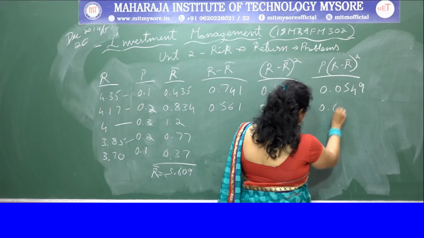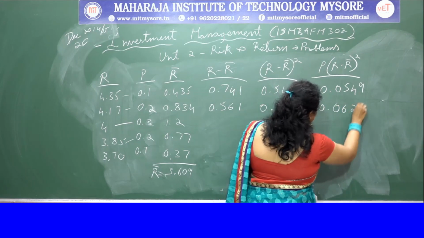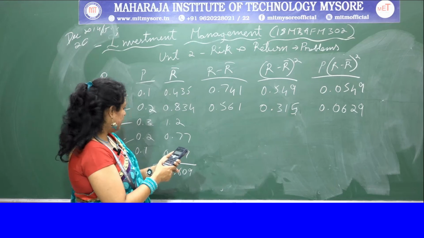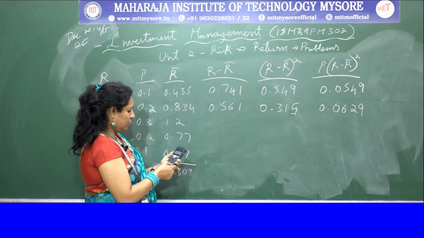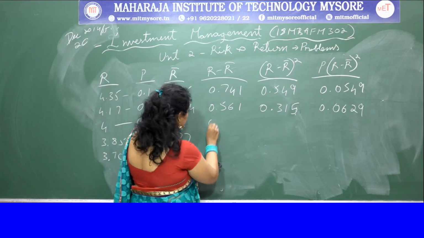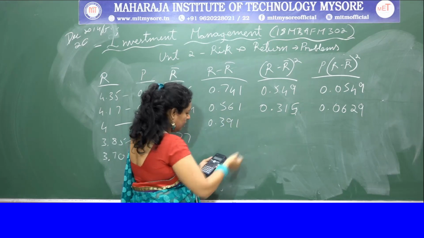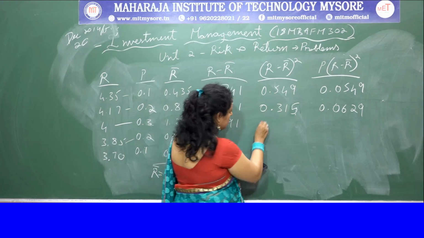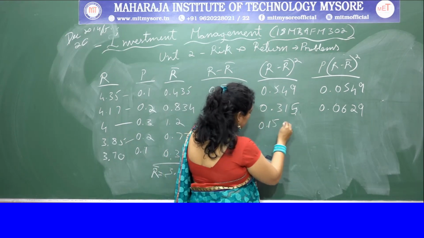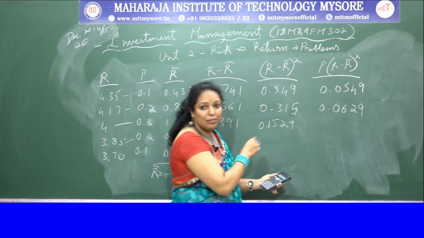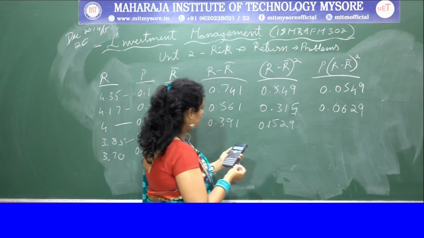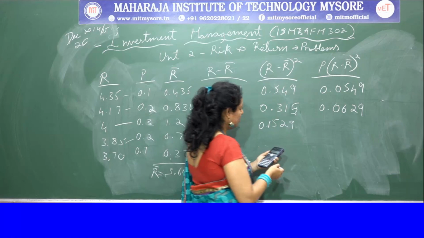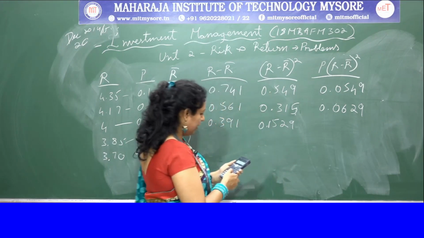So you get 0.0629. In the same way, 4 minus 3.609, you get 0.391 into 0.391. You get 0.1529.